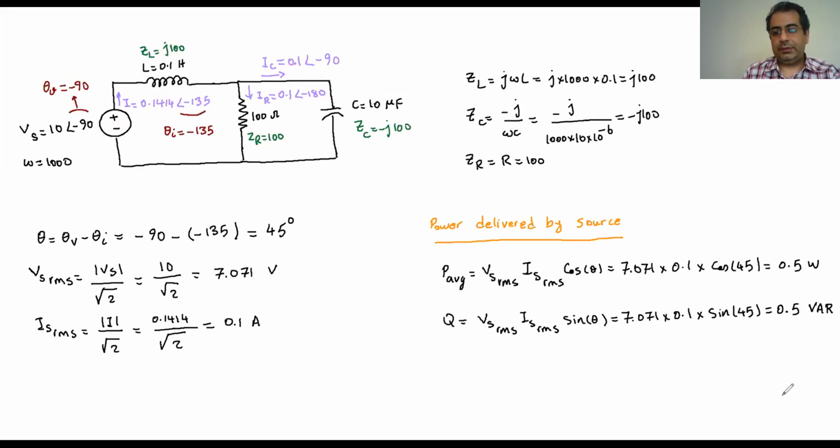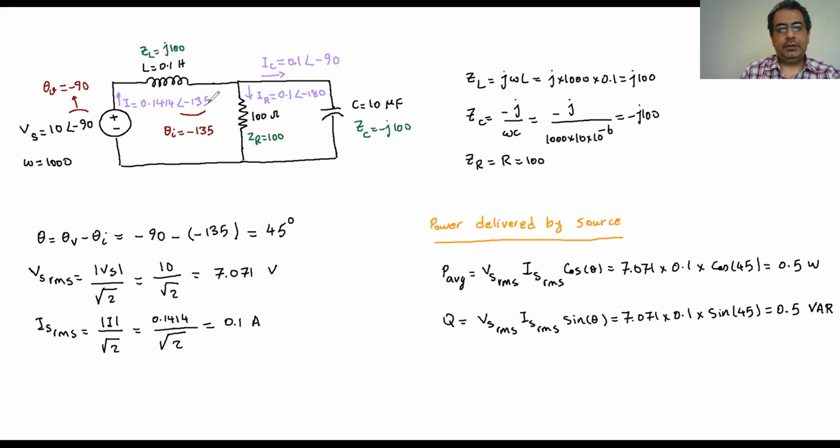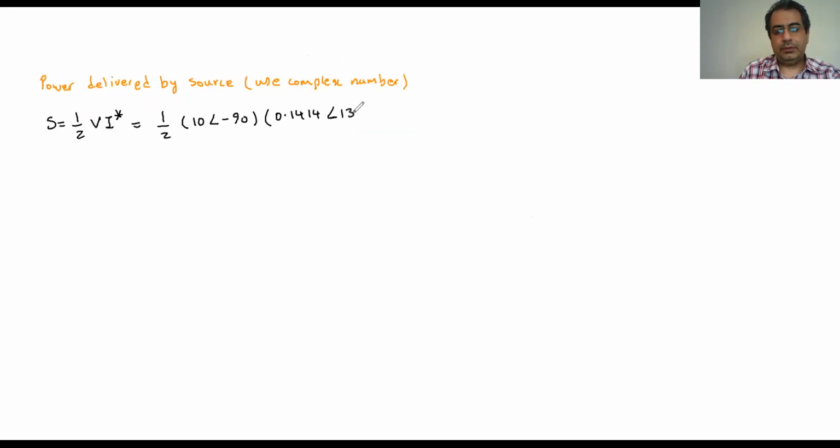So it's going to be 10 with angle of negative 90, and the IS star is going to be 0.1414, with the angle being the negative angle of I. Here the angle is negative 135 degrees, so it's going to be 135 degrees. So it's a negative of that.